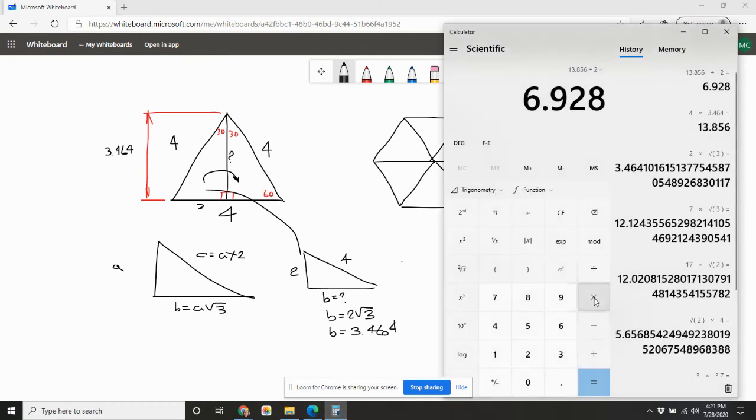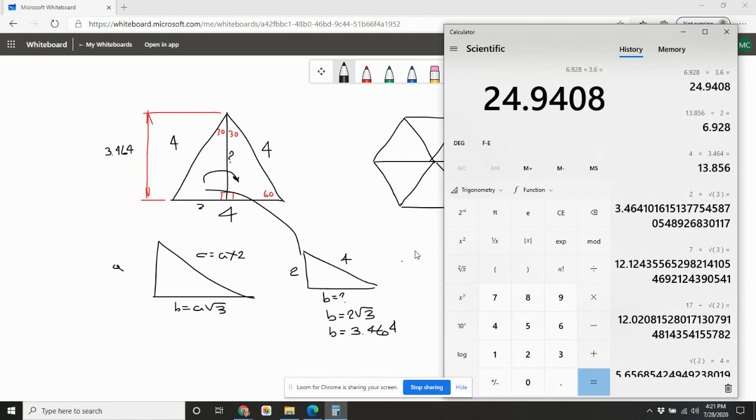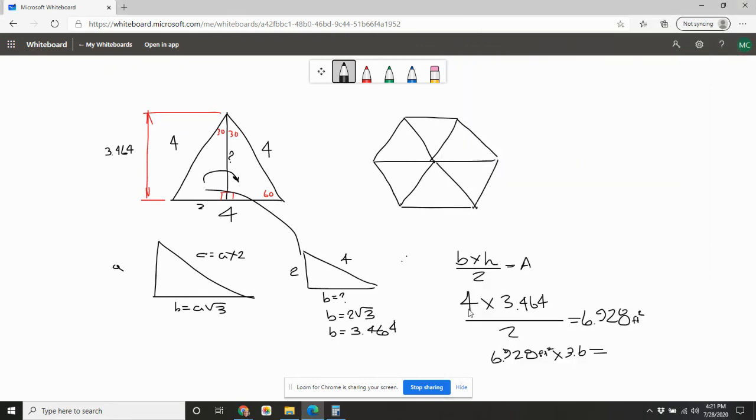Let's multiply this times 3.6. Now I've got a volume of 24.941. And I've got to change this to feet cubed.